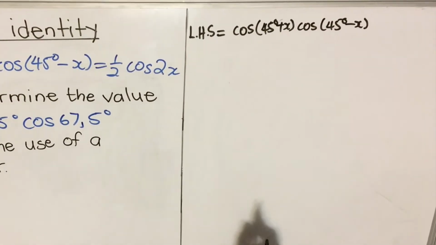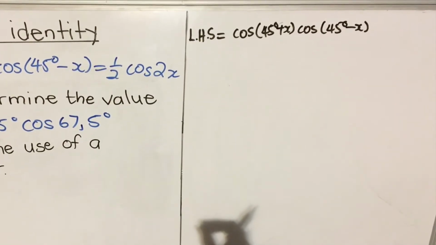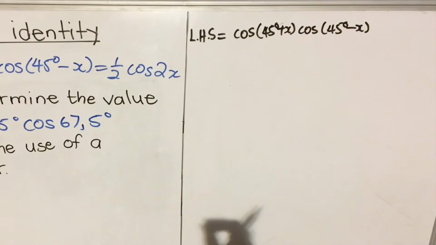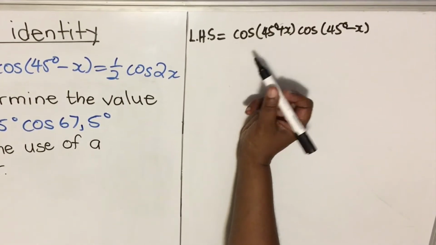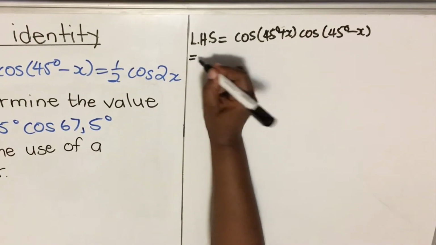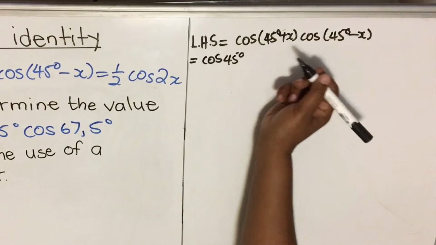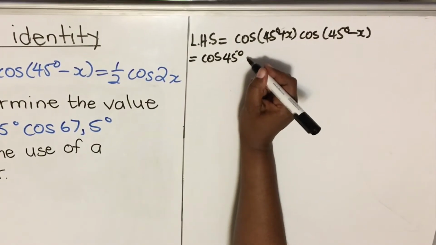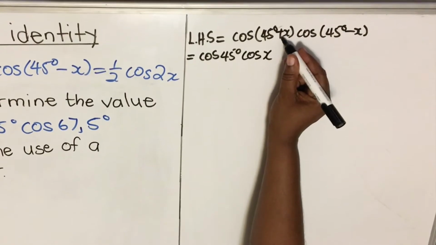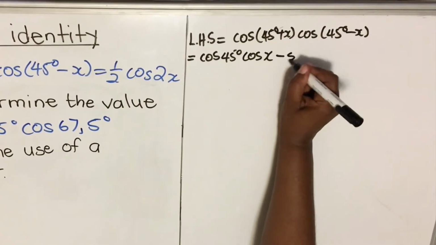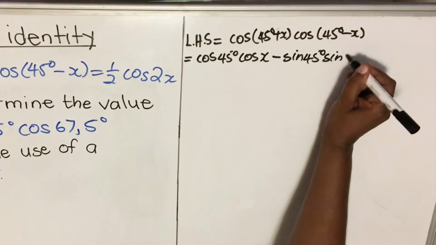Because it's a compound angle, we'll take the formula sheet and see how the compound angle is written. So cos(45 + x) equals cos 45 cos x, then it's minus because cos changes the sign, sin 45 sin x.